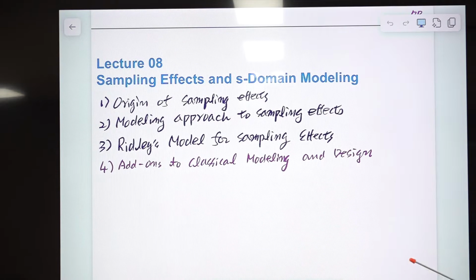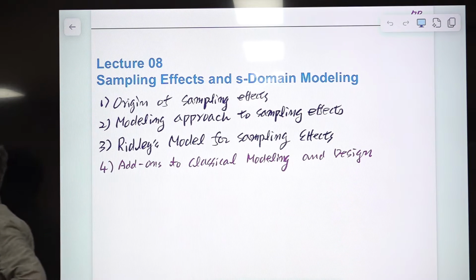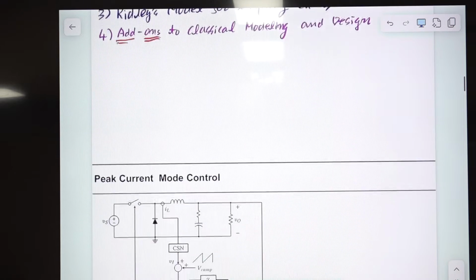But understanding this at least once is critical to understand current mode control and the sampling effect, and to be comfortable with current mode control. Maybe Ridley got upset by listening to my lecture, but that is true. Later on you will understand this.